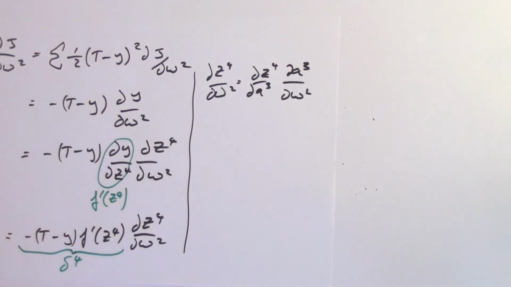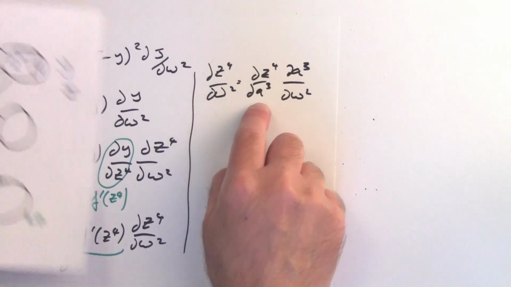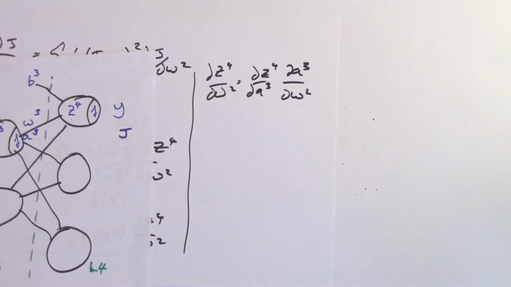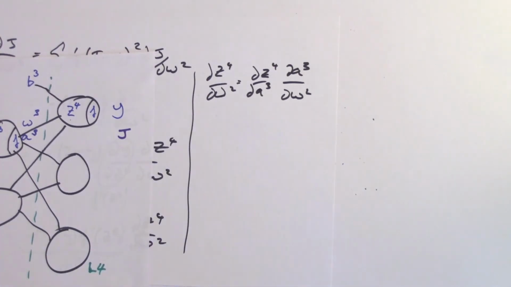Now we have to figure out what dz4 by dA3 is, and again it's like peeling back the onion.